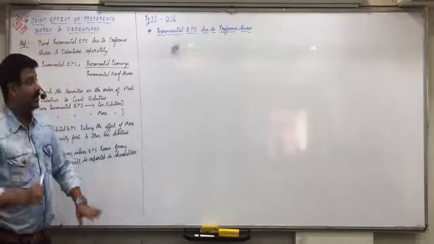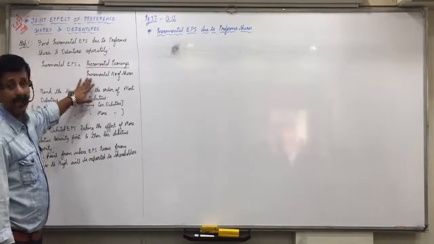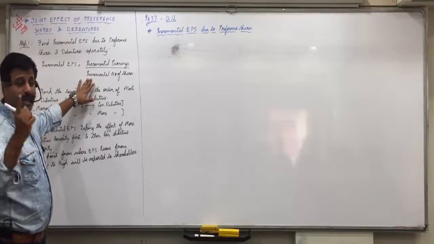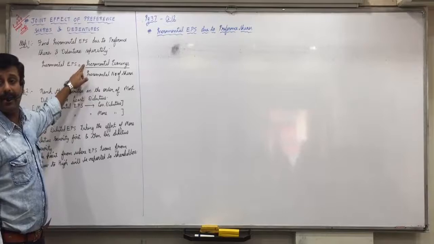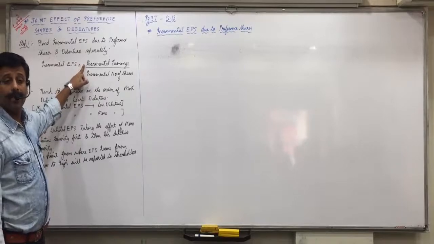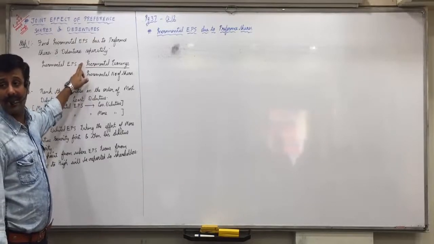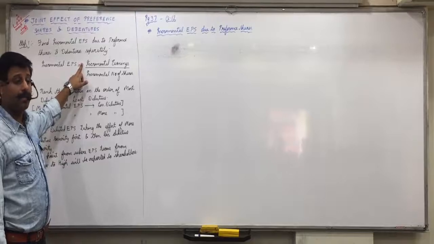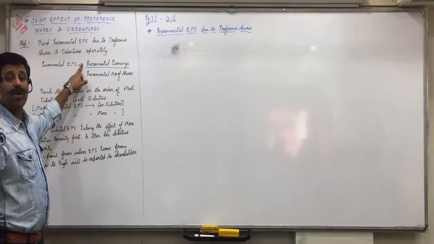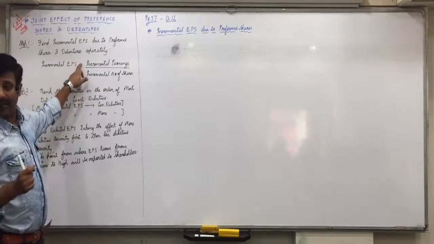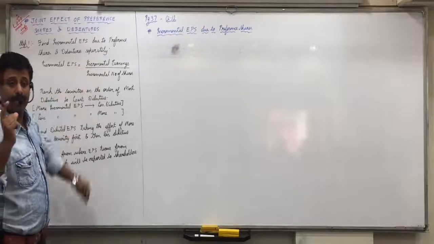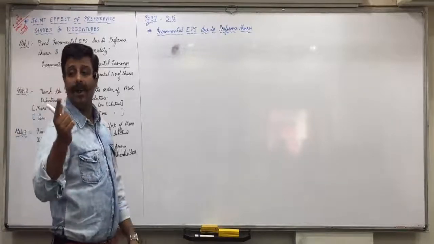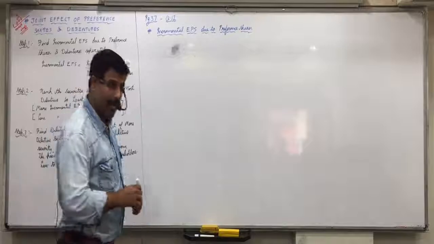Now, as I said, incremental earnings and incremental number of shares. What did I discuss with you? What is incremental earnings? In case of preference shares, what is incremental earnings? What we used to add in profits, that is incremental earnings. What do we used to add in profits? Preference dividend and dividend distribution tax.